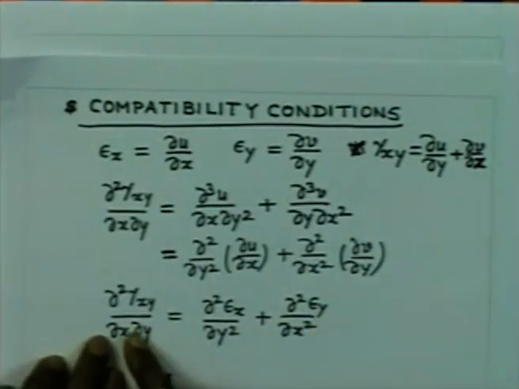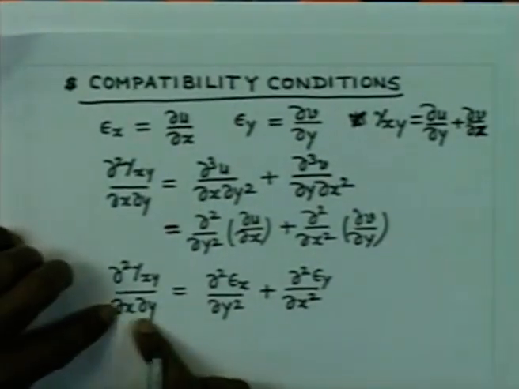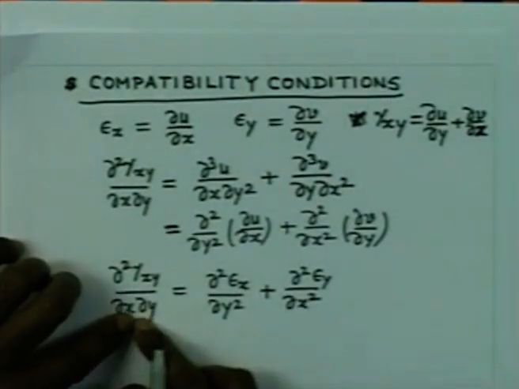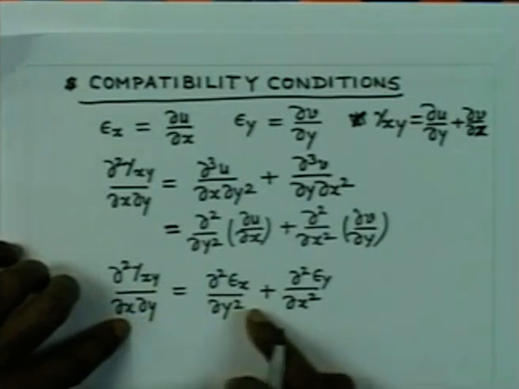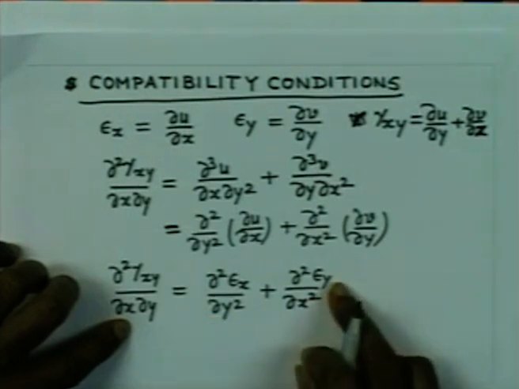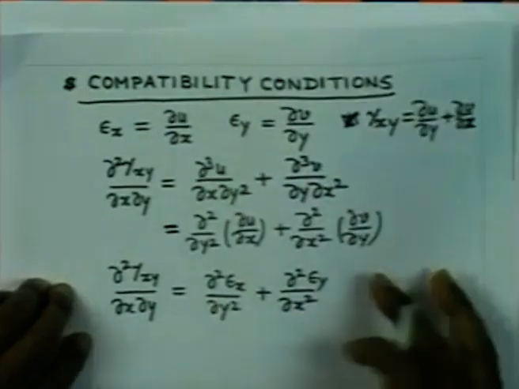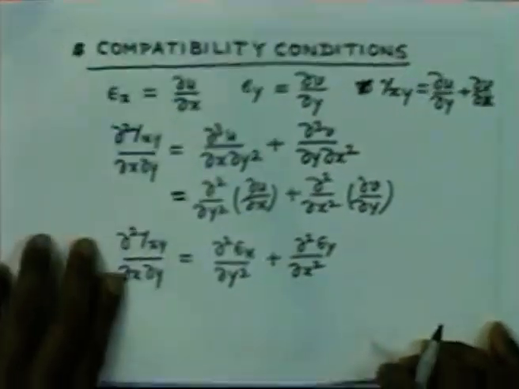So, therefore, this is the compatibility condition. You see that here we have the derivative x y, and this is the shear strain, and it is related to epsilon x, and the derivative is twice with respect to y, and here it is epsilon y, and the derivative is with respect to x. So, this is known as the strain compatibility condition.